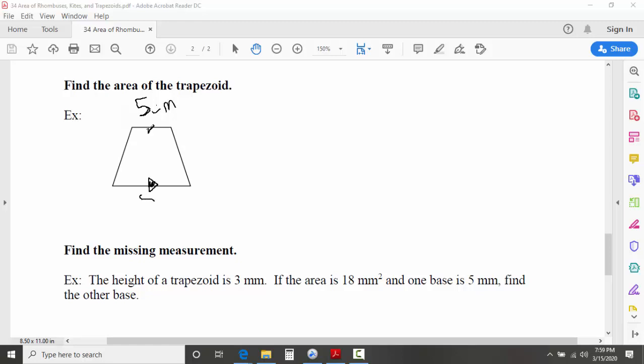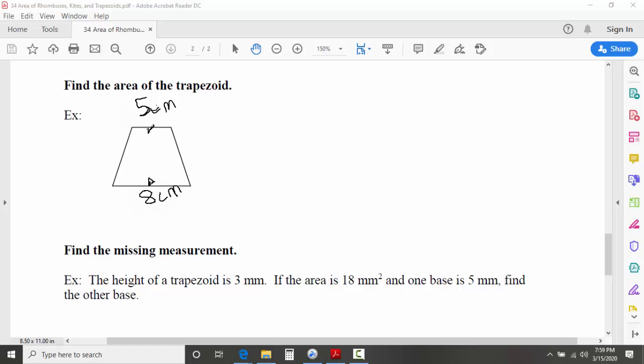I think it might be 8 centimeters. Wow, that's terrible. I apologize to all out there. Here we go. It's a little bit better at least.